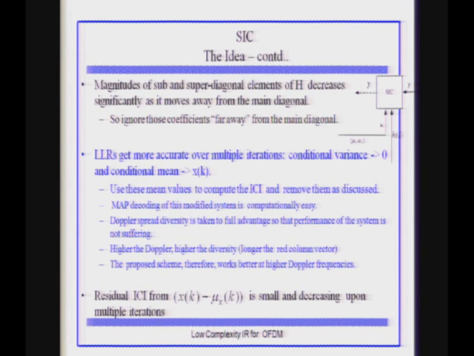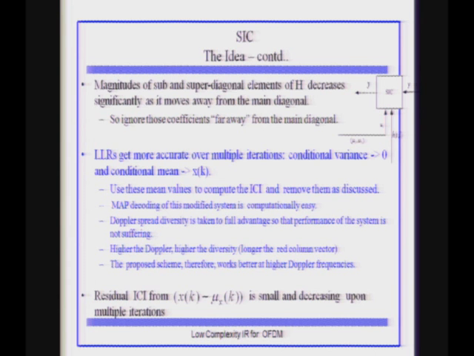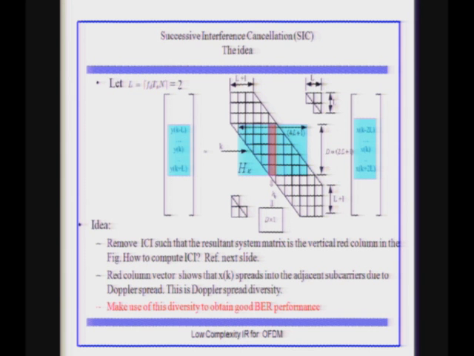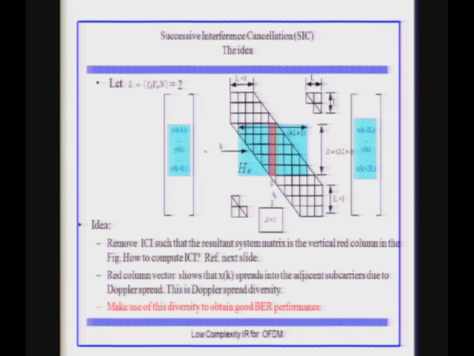If we assume this, then we can use these mean values to compute the ICI and remove it, as we discussed. So these terms are causing the ICI. If we use the mean values that we get from the decoder, the mapper in the reverse path, you compute the ICI and subtract it off, so that you get this vertical slice.